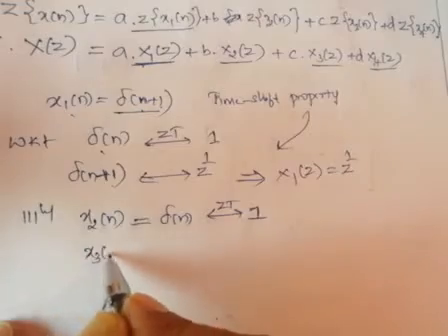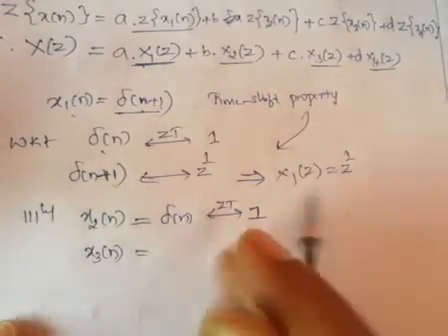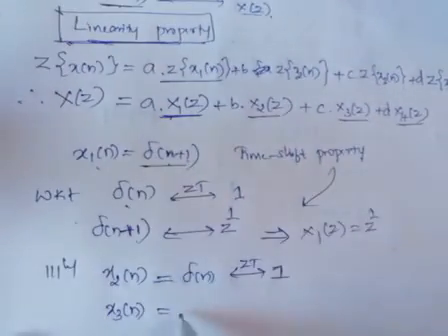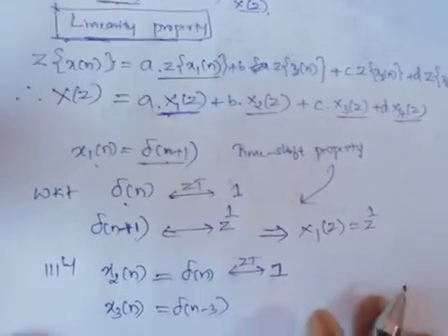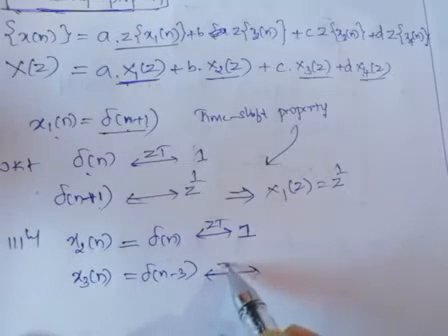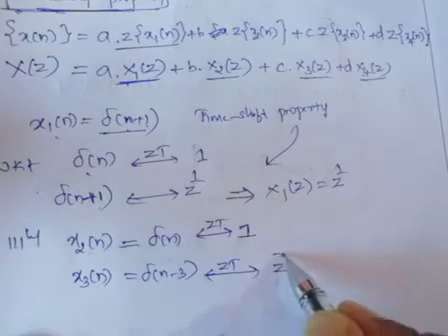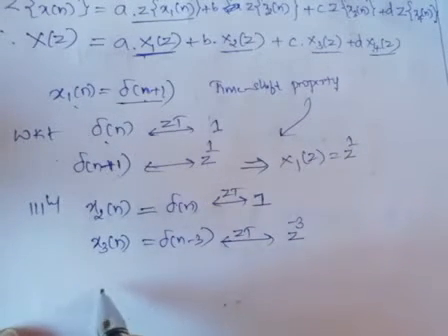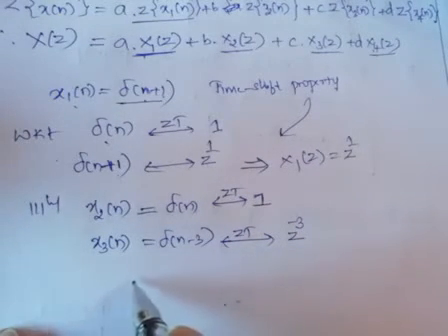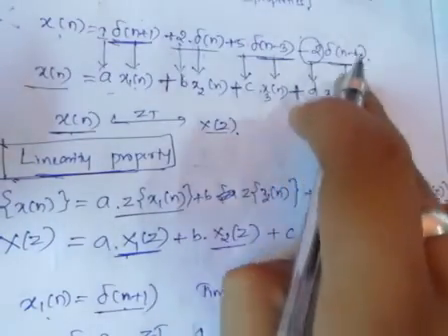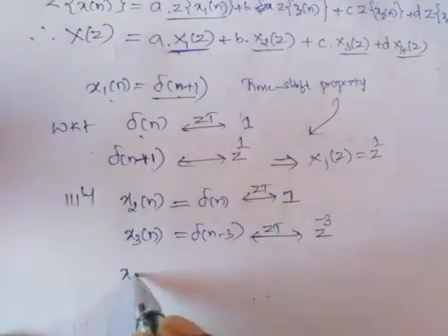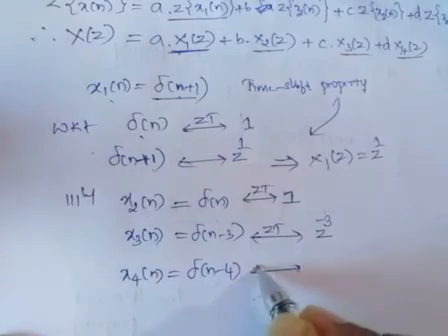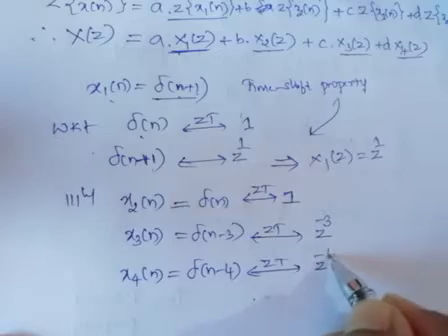Similarly, x3 of n is delta of n minus 3, so its ZT pair is z to the power minus 3. Similarly, x4 of n is delta of n minus 4, and the ZT pair is z to the power minus 4.